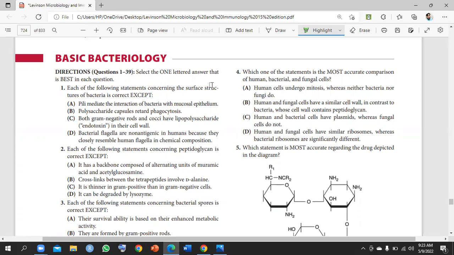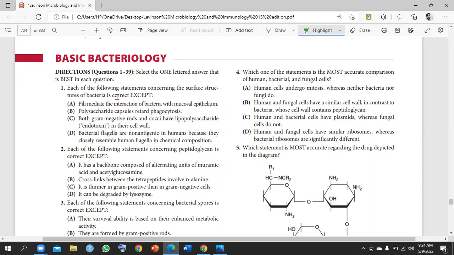The first one is that pili mediate the interaction of bacteria with mucosal epithelium. It is correct, because pili are present on the surface of the bacteria and help in attachment to the mucosal epithelium. So this is not our answer.